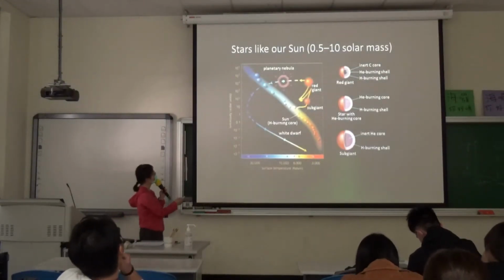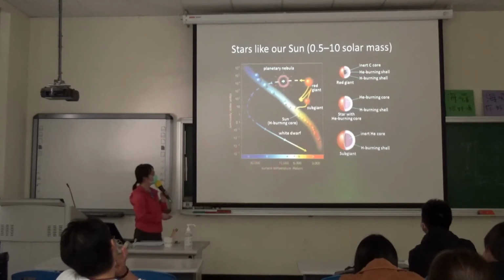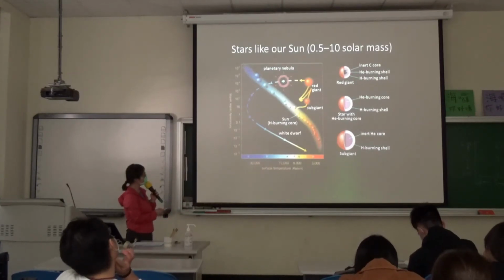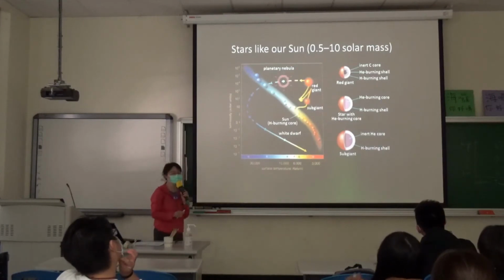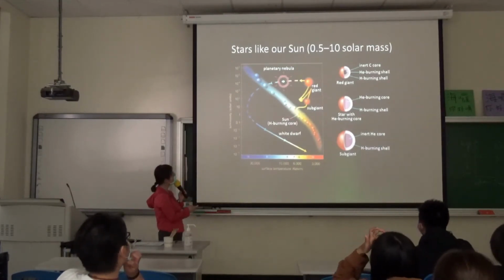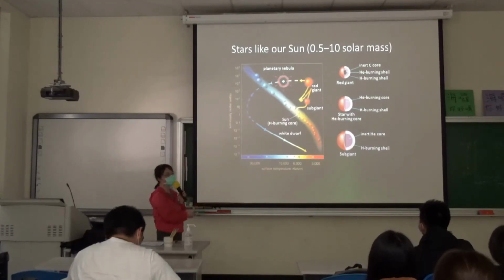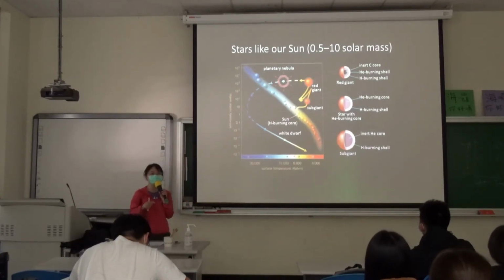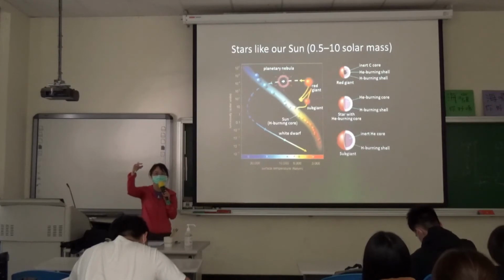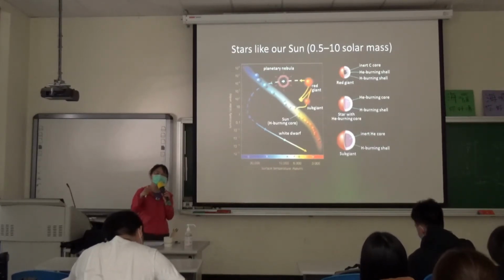Stars like our sun. Its fate is actually like this. So what's going on? When it's on the main sequence, what it's doing is the so-called hydrogen burning in the core. That is, hydrogen atoms collapse to the center of the star and fuse into helium.